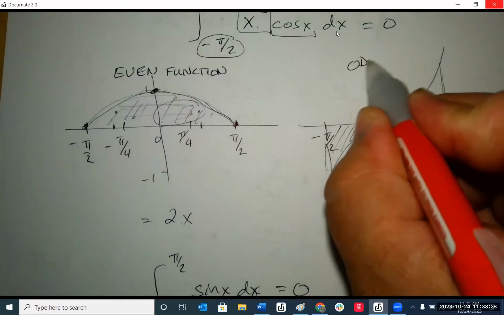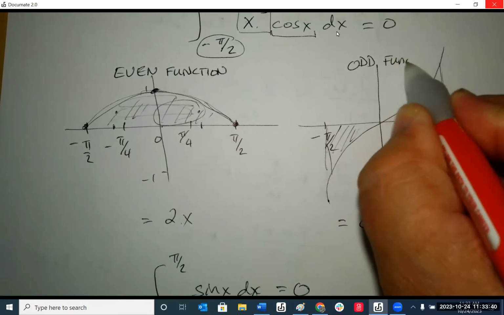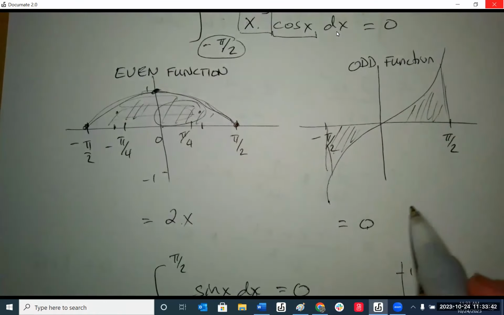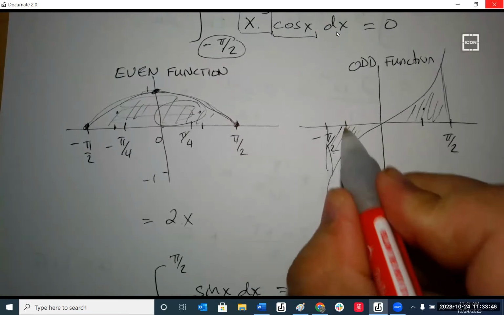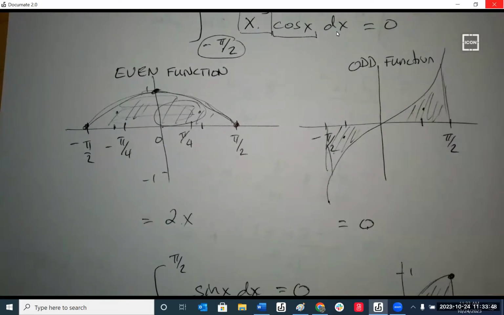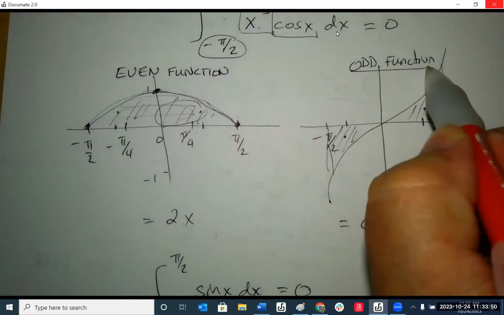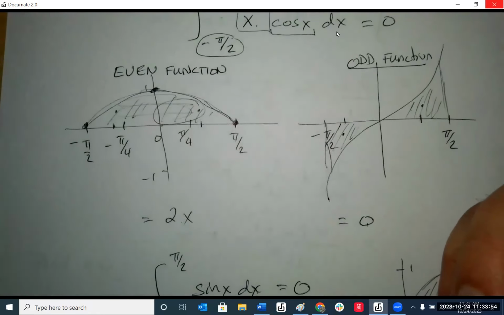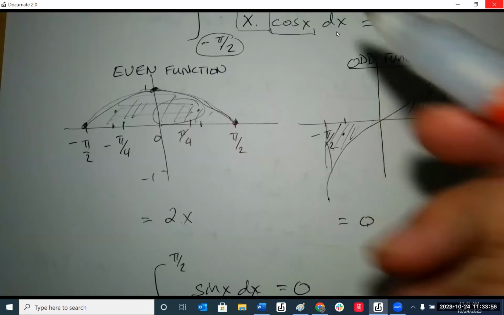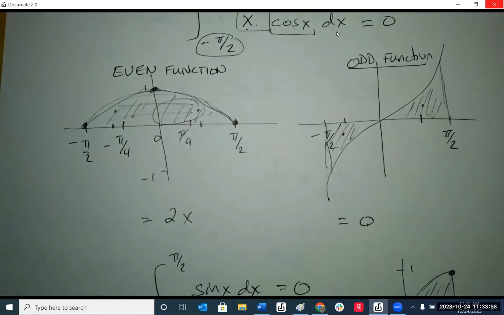An odd function is just the opposite. If I put a positive, I get a positive. If I put a negative, I get a negative. And that's why they wash out. Odd functions on symmetric bounds are always 0. So anything times 0 is 0.